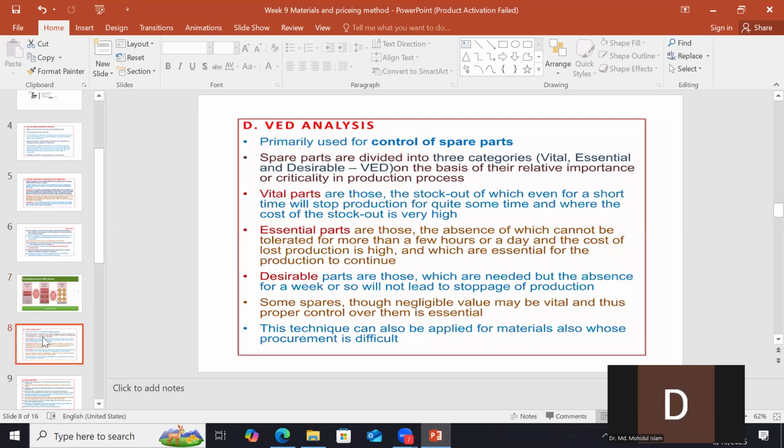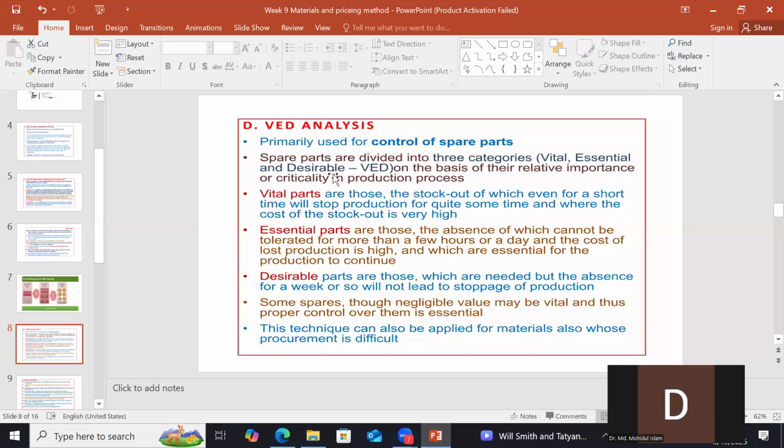Another important slide, the VED analysis. Products are categorized in VED order. V is equal to vital product, E is equal to essential product, and D is equal to desirable product.